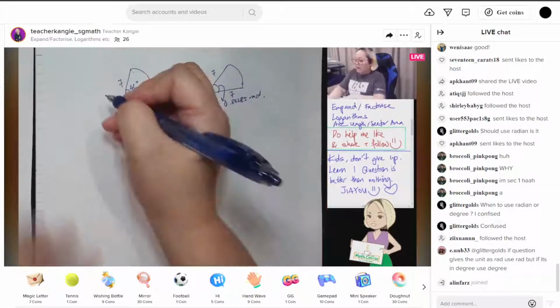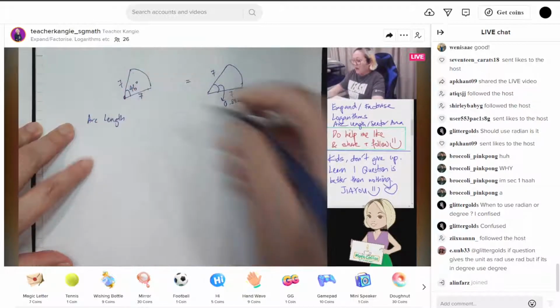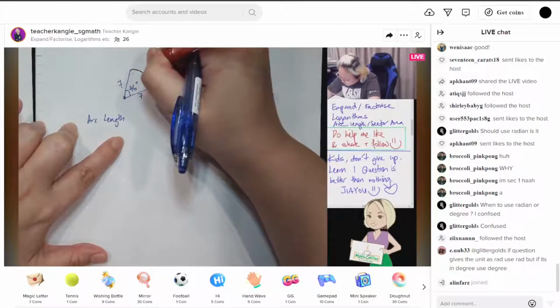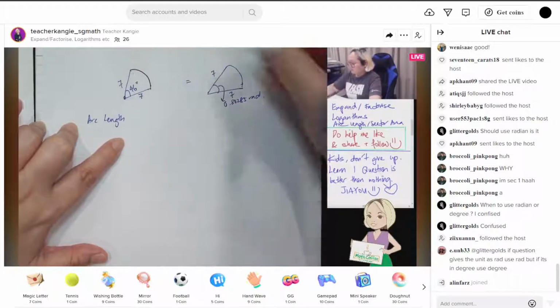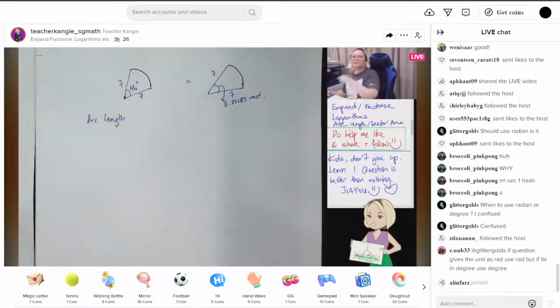Let's say I want to find arc length. Arc length is only the arc, referring to only the red color one. If they want perimeter, then you add 7 plus 7. If they only want arc length, it's only the red color one.